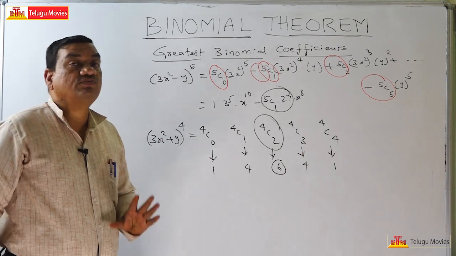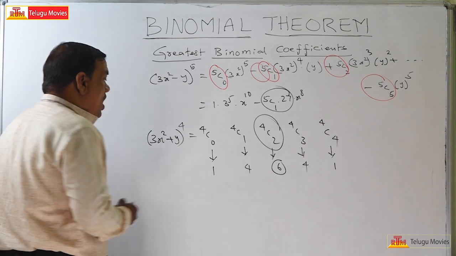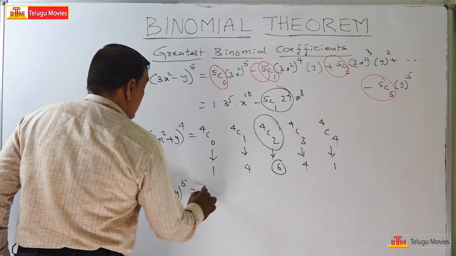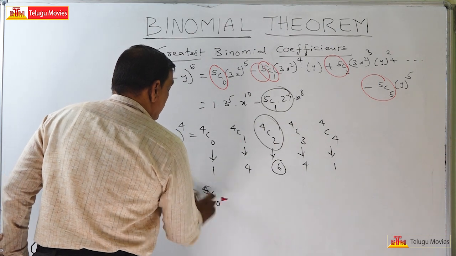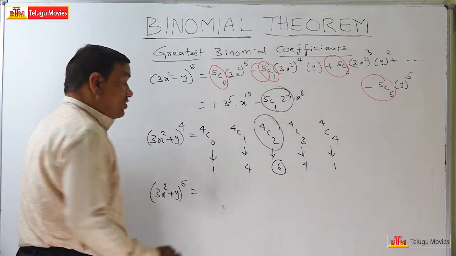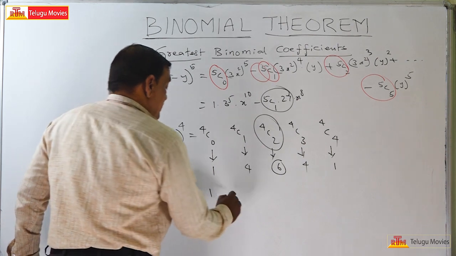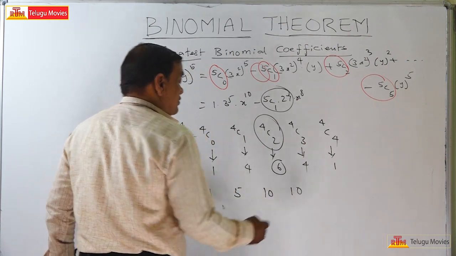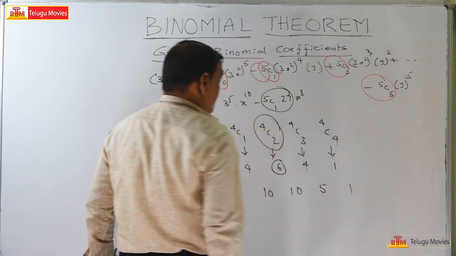From this we can conclude that the same concept applies even when n is odd. Take (3x² + y)⁵. I will write down the values directly: 5C0 is 1, 5C1 is 5, 5C2 is 10, 5C3 is also 10, 5C4 is 5, 5C5 is 1.